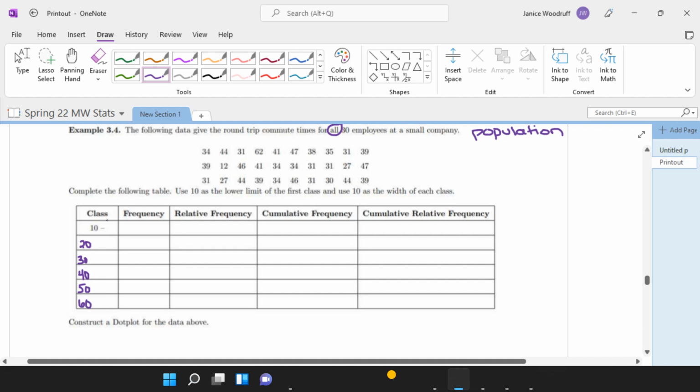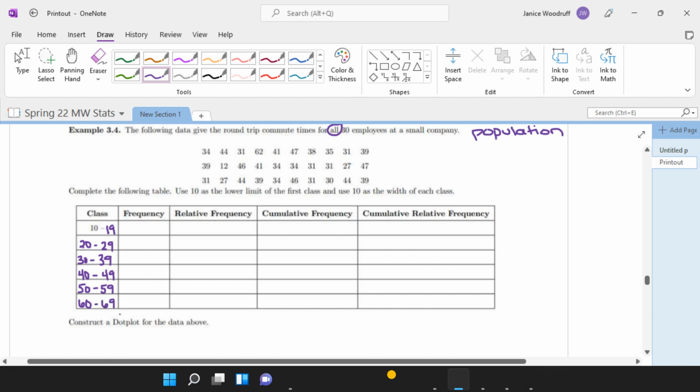And then I could fill out the upper limits of each class because it would just be the number below the next lower limit. So this would go to 19, then we'd have 20 to 29, 30 to 39, 40 to 49, 50 to 59, and 60 to 69.